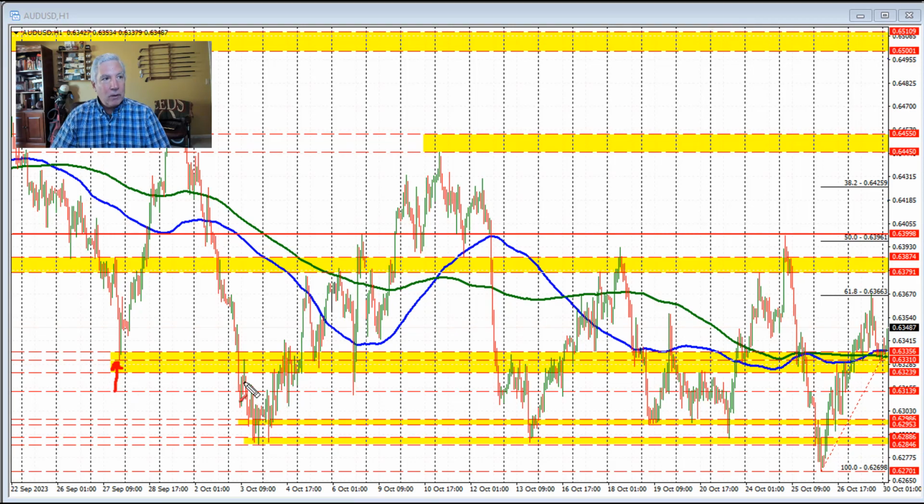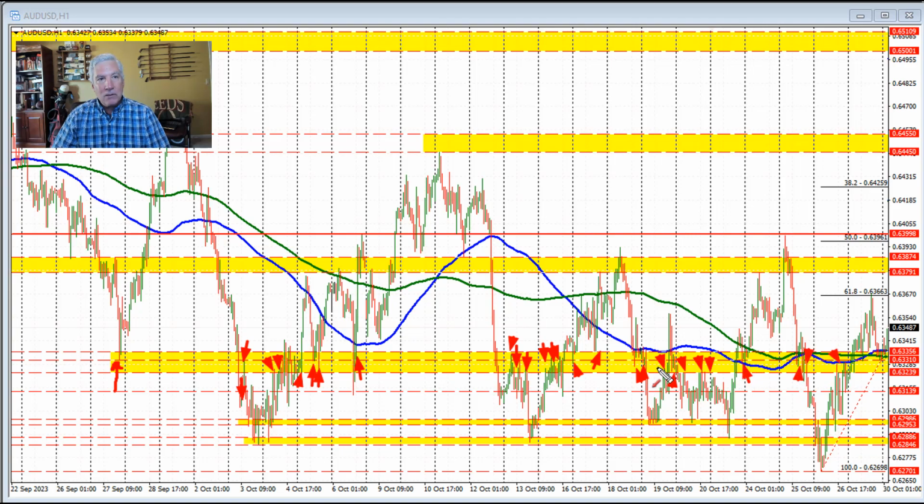And found resistance in this area here, here, here. Found support against it here, here, and here, and here. And then found resistance through here. You get the point. It can get sloppy at times through these levels, but there still are a lot of similarities between swing lows and swing highs in this area.